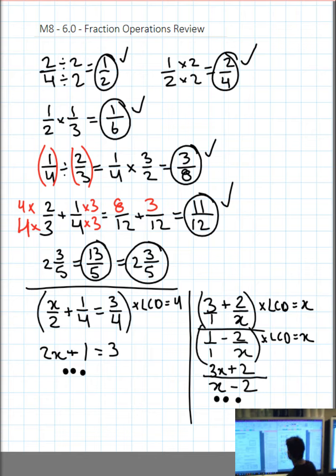When we have mixed fractions changing to improper fractions, bottom times left plus top over the bottom, and continuing, bottom goes into top, how many times, with the remainder over the original divisor. And then clearing up equations by multiplying both sides by the LCD. And then clearing up complex fractions by multiplying the top and bottom by the LCD. We use those methods all the way until grade 12.